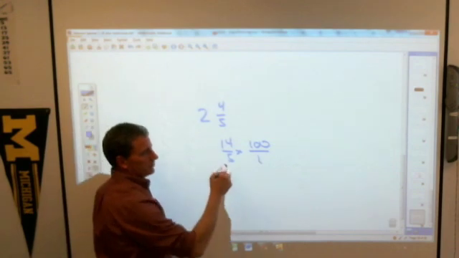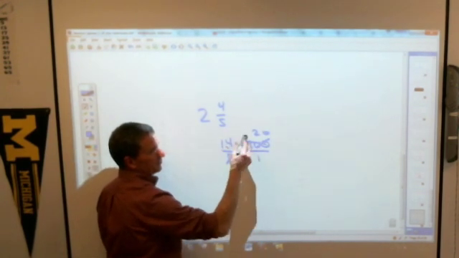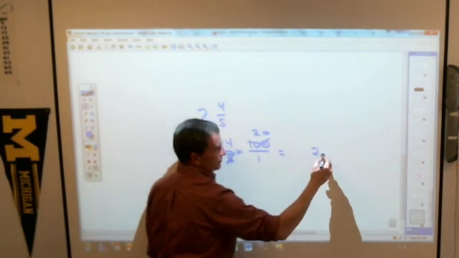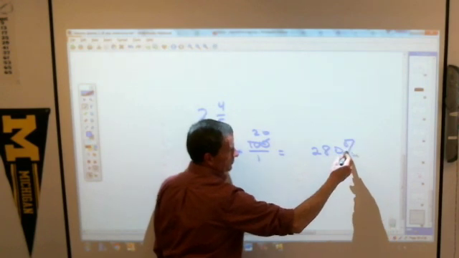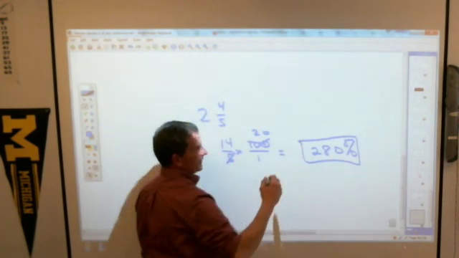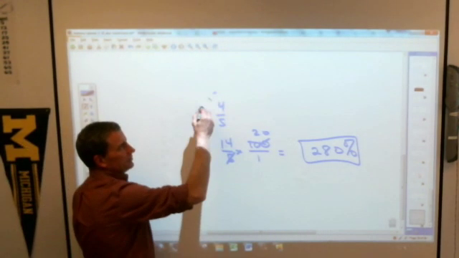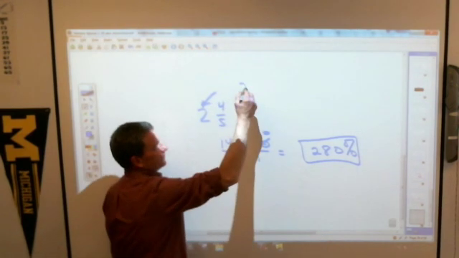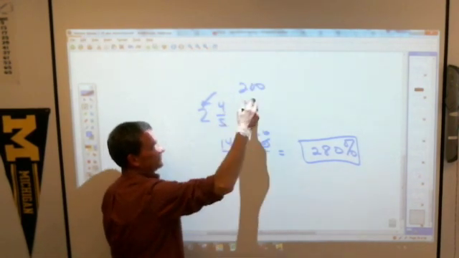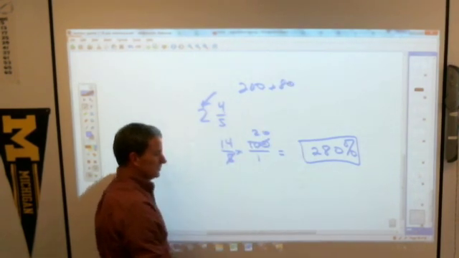Because 5 goes into 100 what? 20 times. And then maybe you can do 20 times 14 in your head. I don't know. 2 times 14 is 28. Stick another 0 on there. And you end up with 280%. Another thought could have been what? 2. What's 2 as a percent? 200. What's 4/5 as a percent? 80. So 200 plus 80 is 280.